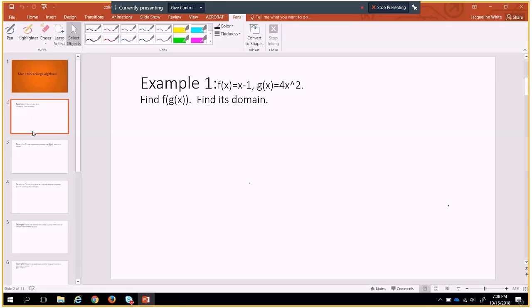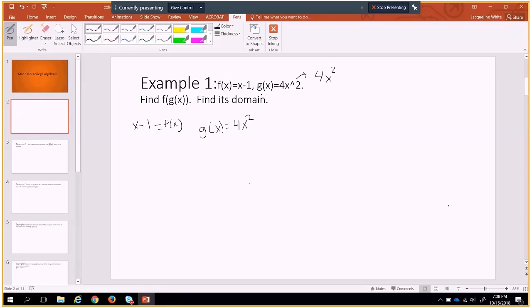Let me rewrite that on the side: f of x is equal to x minus 1, g of x is equal to 4x squared.